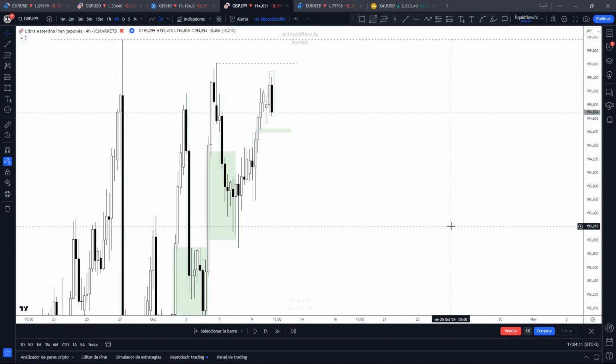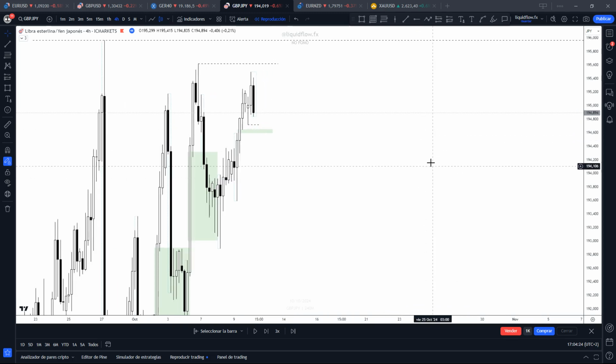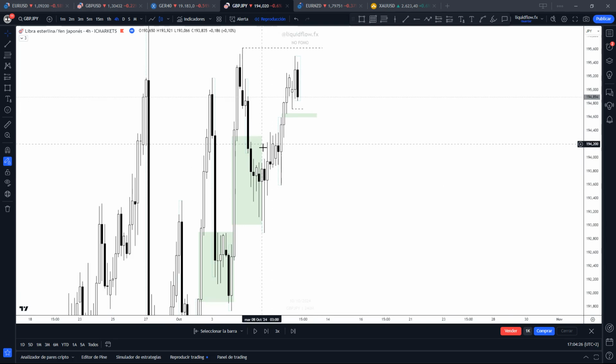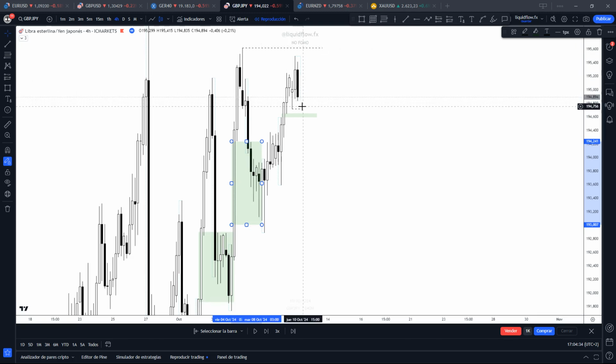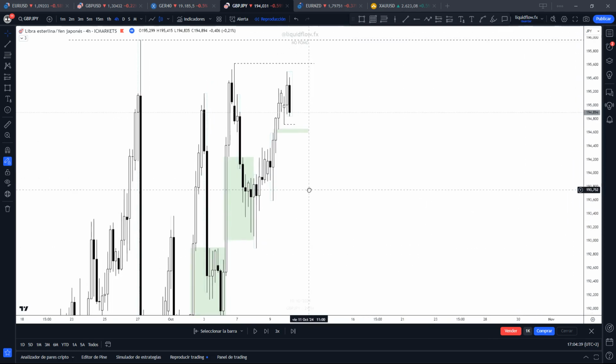But what I want to say is, when the market comes here to reach this fair value gap, remember we have a cycle where the market is offering a fair value gap or sweeping liquidity. Now we are sweeping liquidity, so we need it to offer a fair value gap or sweep another liquidity, right?